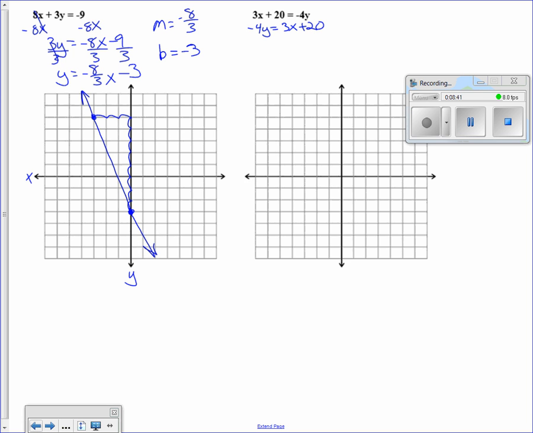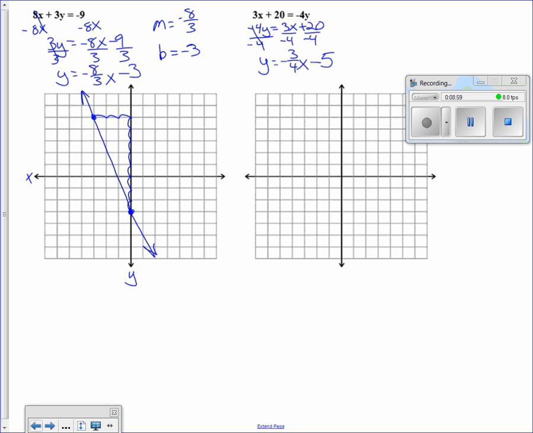Okay, so all we need to do is divide by negative 4. So this is y equals negative 3 over 4x minus 5.